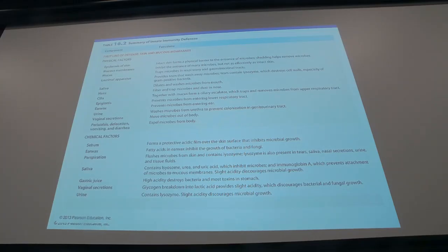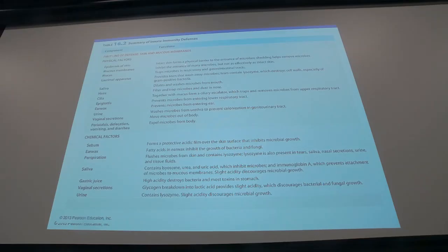And since you have less number of cells, less layers, the microbes can penetrate much easier through these mucosas, including the respiratory mucosas. Okay? Now, when we have a wound either in the skin or in these mucosas, it's much easier for the microorganisms to enter.